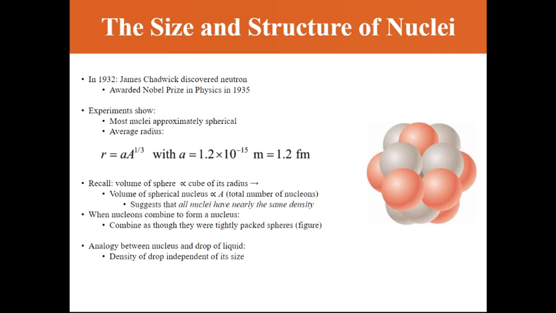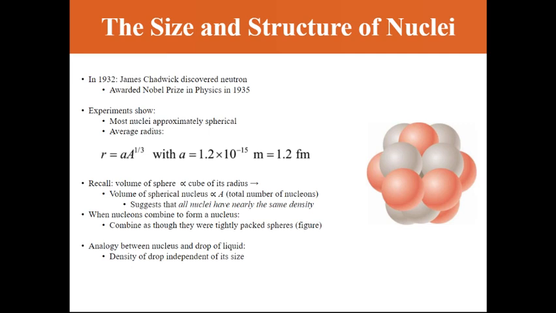Overall, if you just consider the size of a hydrogen nucleus, its radius would be about 10 to the negative 15 meters. Particle physicists rather use the Fermi or the femtometer for that, which is 10 to the negative 15 meters.